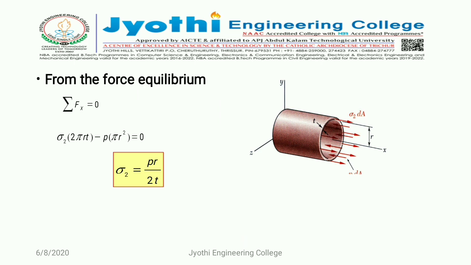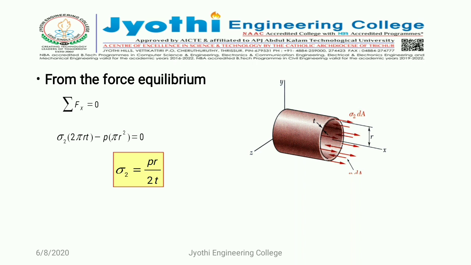Forces in the x direction are developed mainly due to two factors. First, the stress in the x direction, sigma 2, and second, the fluid pressure in the x direction, P. The forces are found by stress times area. Stress sigma 2 acts on area 2 pi RT, and pressure P acts on area pi R squared.